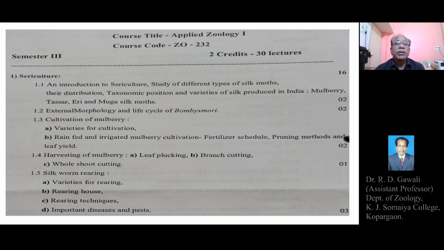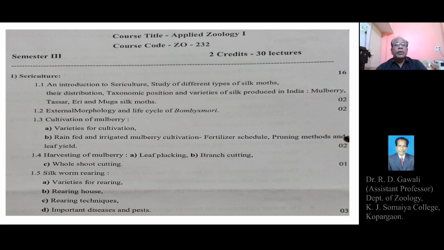So in this subtopic, we are going to study the different species of the silk moths and the type of silk moths with respect to sericulture, grown in India. Then second subtopic is external morphology and life cycle of Bombyx mori.